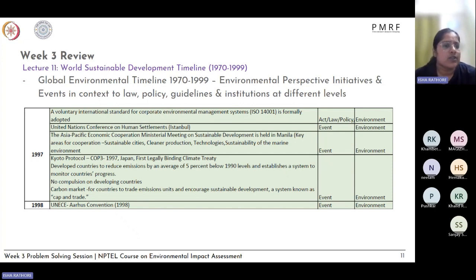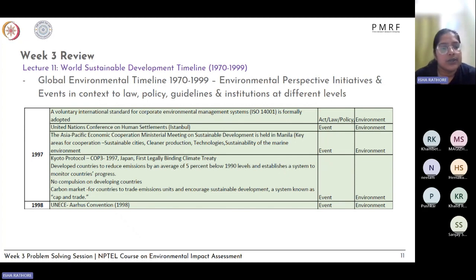And 1997 is also significant because of the Kyoto Protocol, which was discussed in the third Conference of Parties. This is the first legally binding climate treaty, known as the Kyoto Protocol.